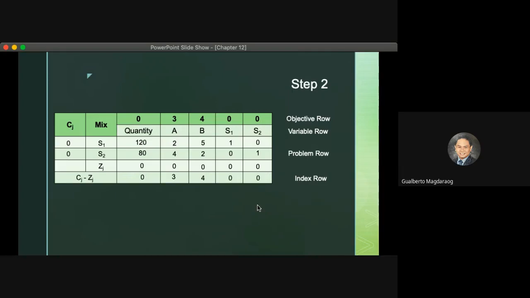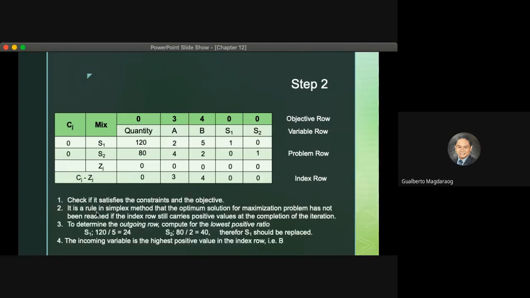Okay. So now that we were able to complete our first tableau, you have to check if it satisfies the constraint and the objective. And that is whether it is within our limit. So in terms of quantity, 120, nasa within pa siya, 120 din.